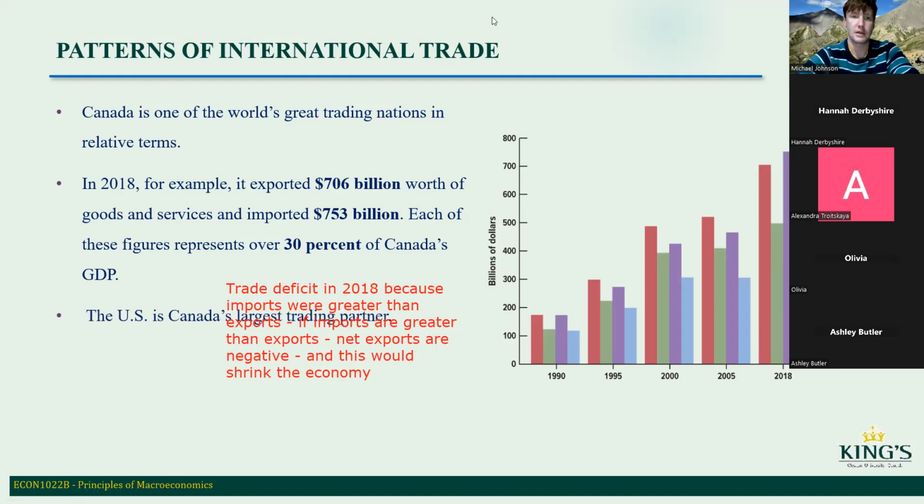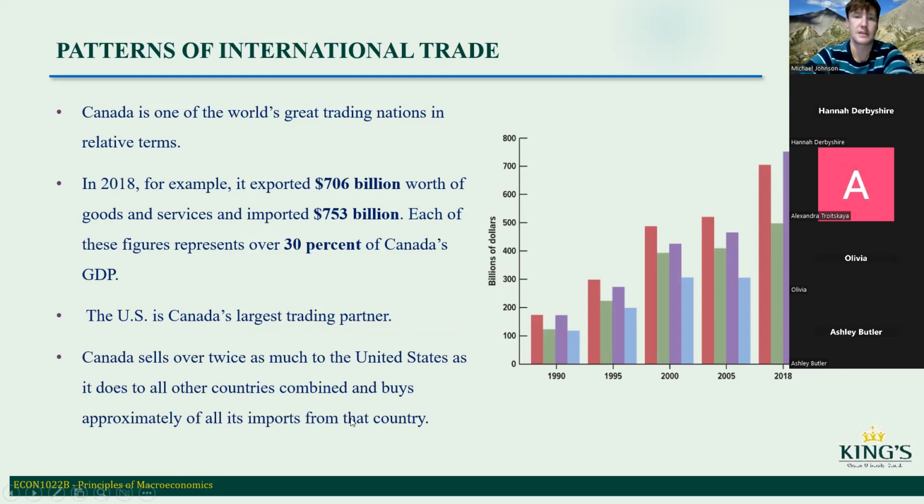So the US is Canada's largest trading partner. Canada sells over twice as much to the United States as it does to other countries combined, and it buys approximately all of its imports from that country.